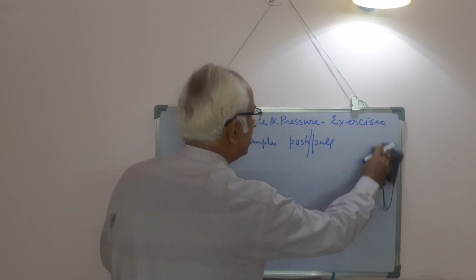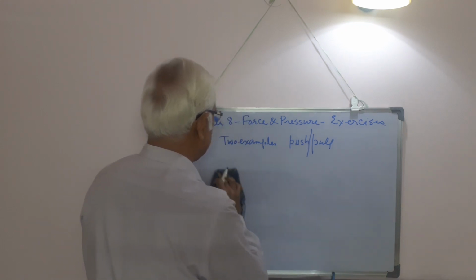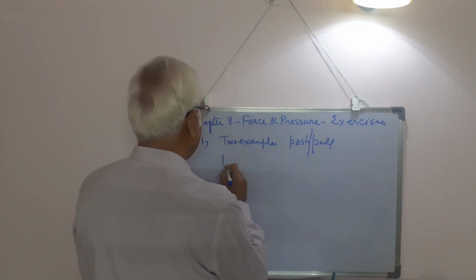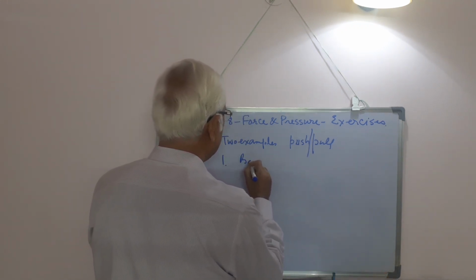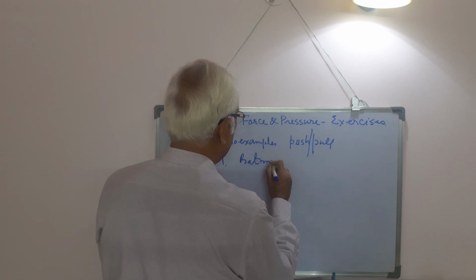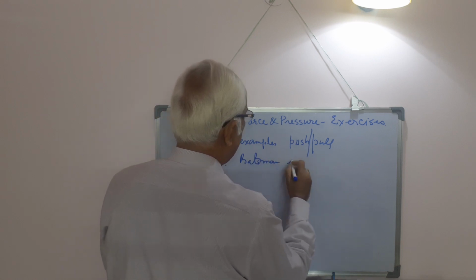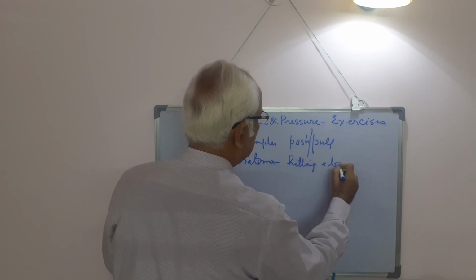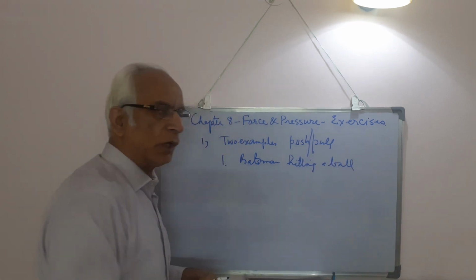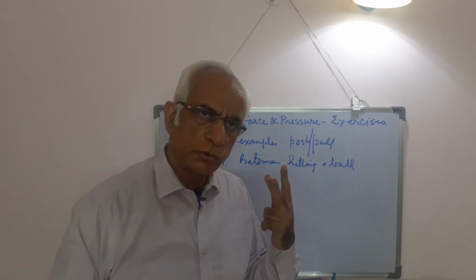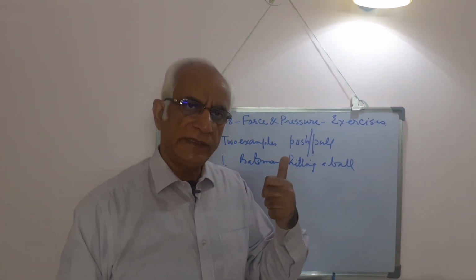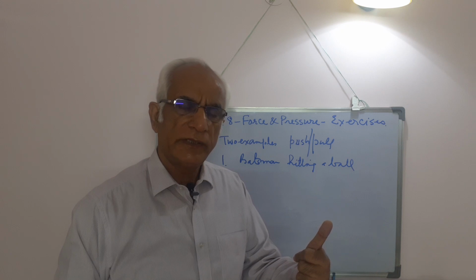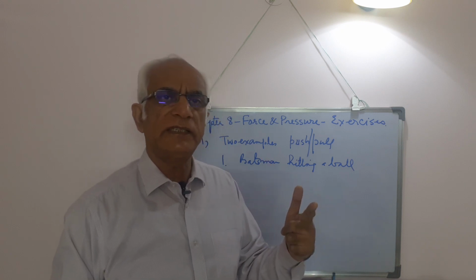Okay, so there are many examples. For example, a batsman hitting a ball. When a batsman hits the ball, both things can happen. The direction can change and the speed can increase.